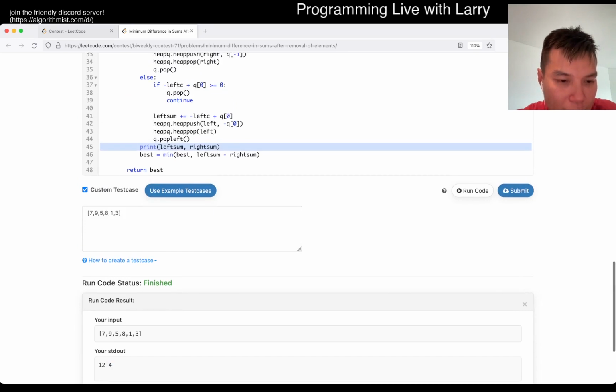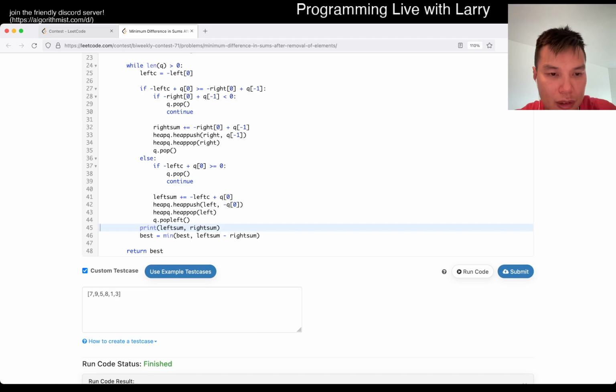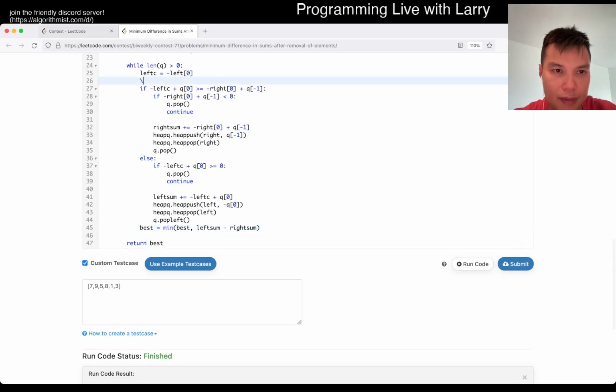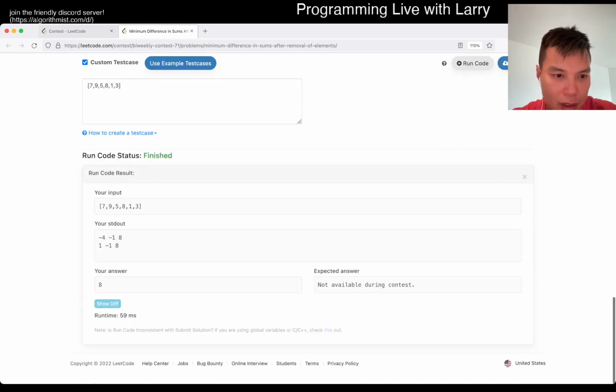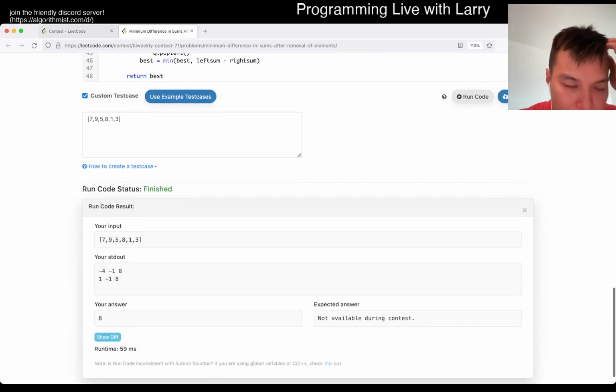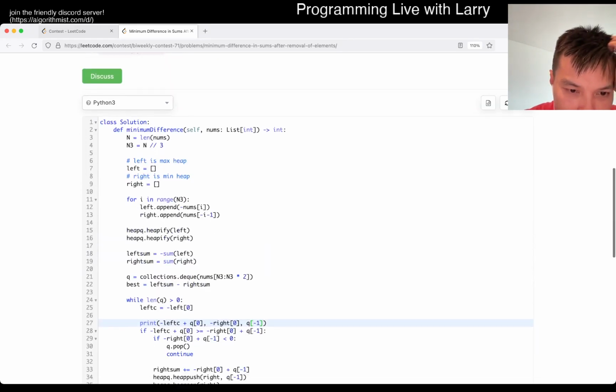So what happened? What am I doing? So this is yikes. Okay, so we can either, what am I printing here? Oh, I forgot.